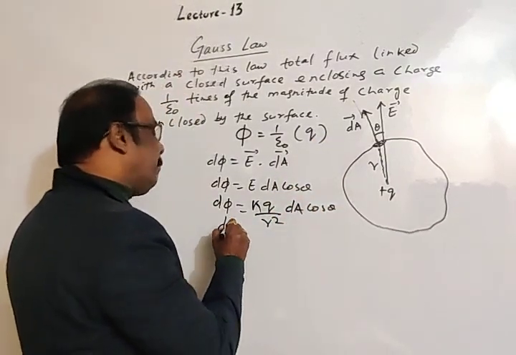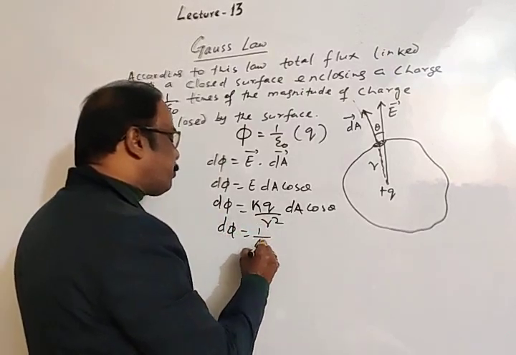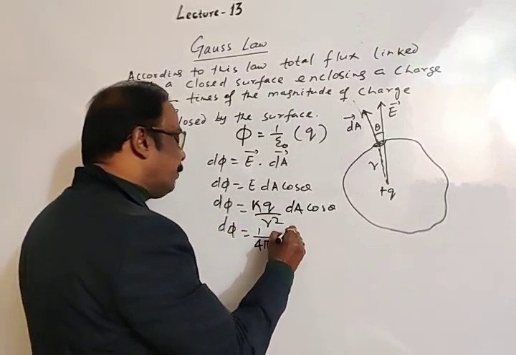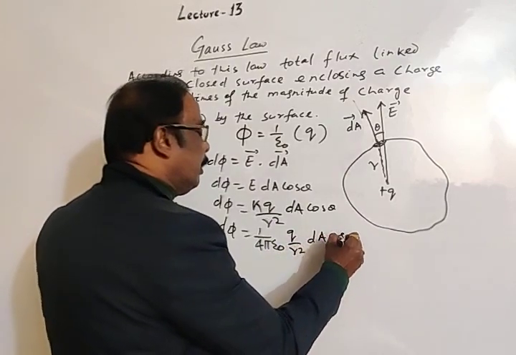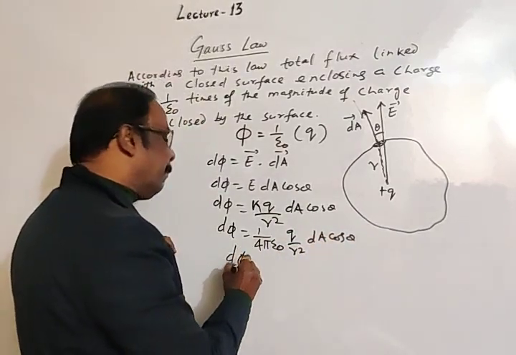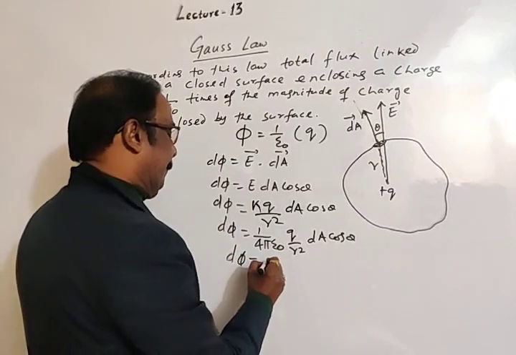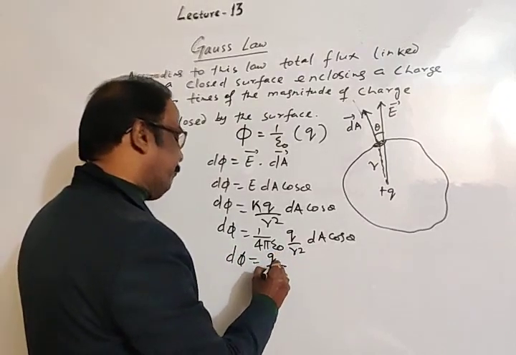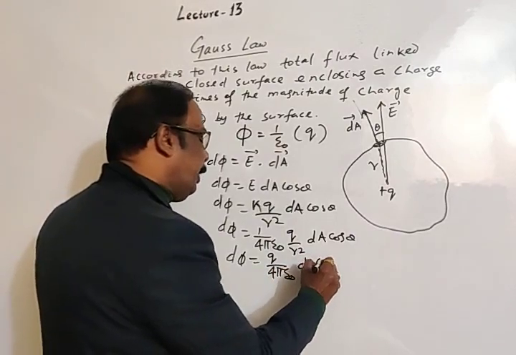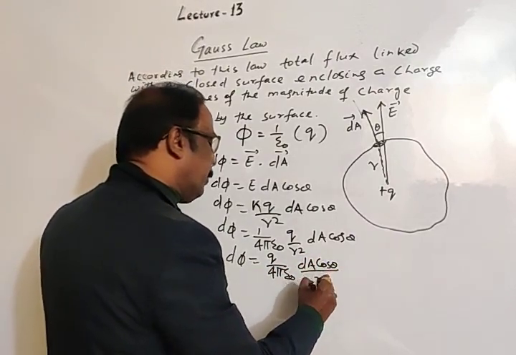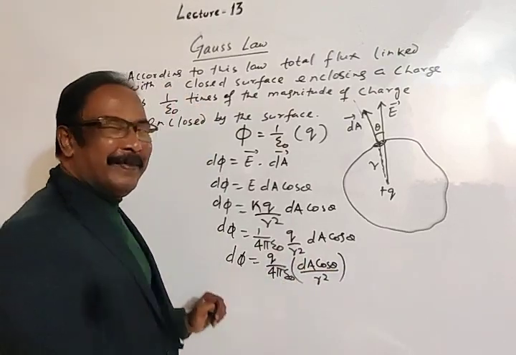Again, d phi is equal to k, where k is 1 divided by 4 pi epsilon naught, q by r square into dA cos theta. Accordingly, d phi is equal to q by 4 pi epsilon naught into dA cos theta divided by r square.